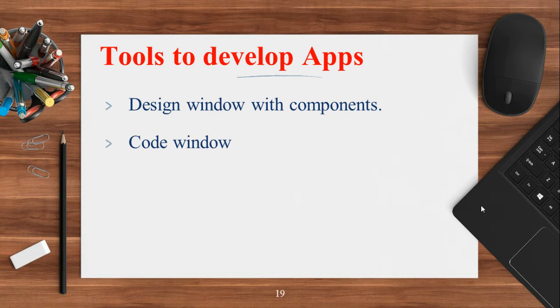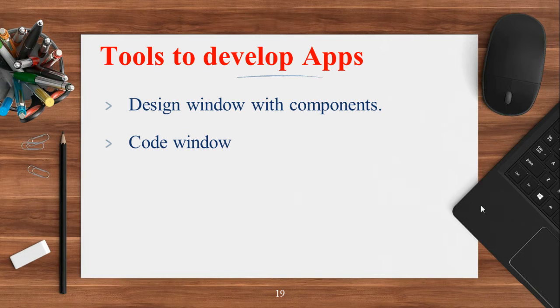The next tool is the code window. Once you draw a structure, you will have to write a program. Once you write a program, then you will test whether it is correct or not. Finally, you will create an application through your mobile device as well as your computer. So both devices are required to create an application.